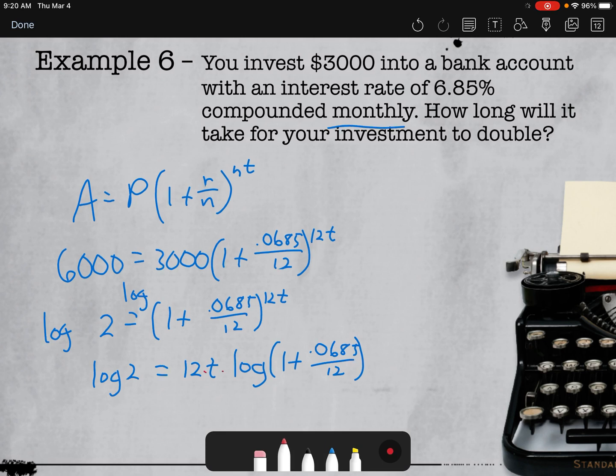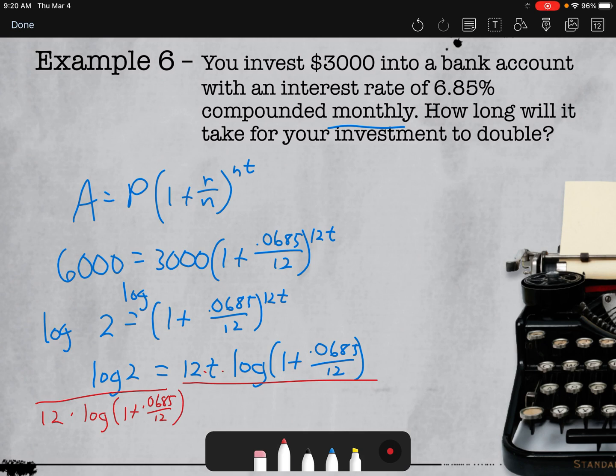Now again, remember that problem we had, we just want to get t by itself. So we could divide by 12 log of 1 plus 0.0685 divided by 12. So this is a big one.